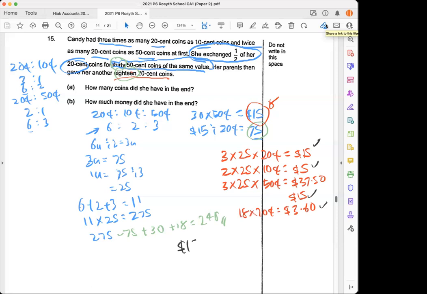So it's 15 plus 5 plus, sorry, plus 37.50 plus 15 plus 3.60. And your answer will be $76.10. That's the answer. All right. Let's continue with the next question.